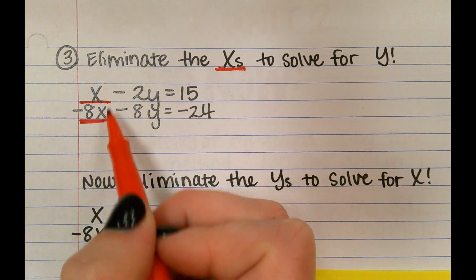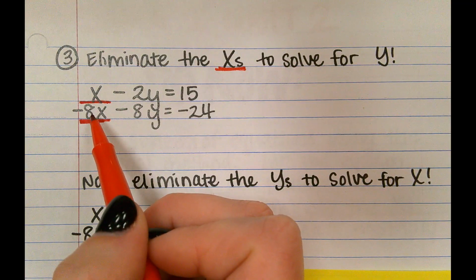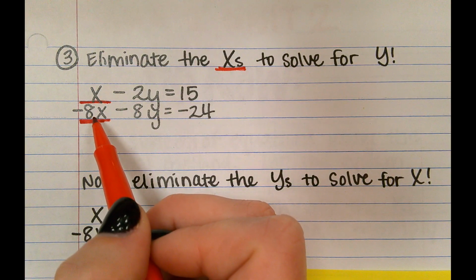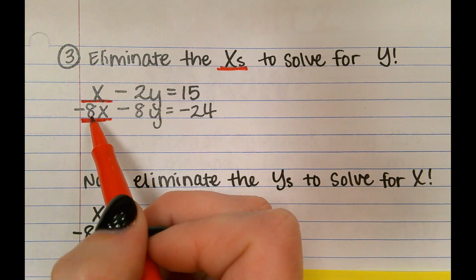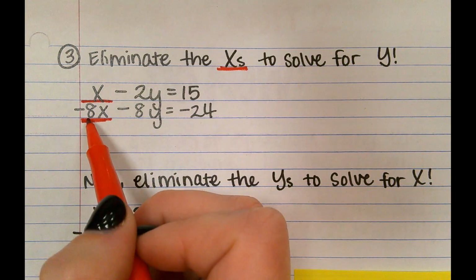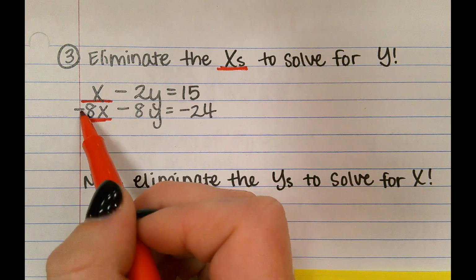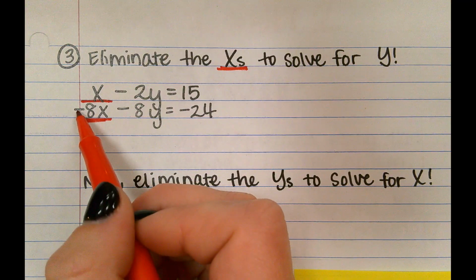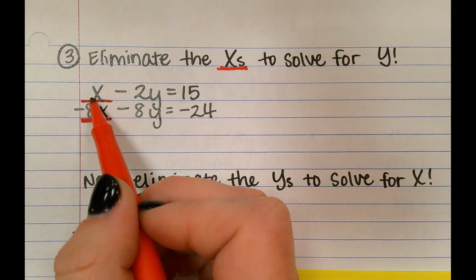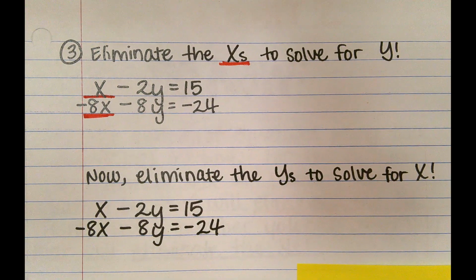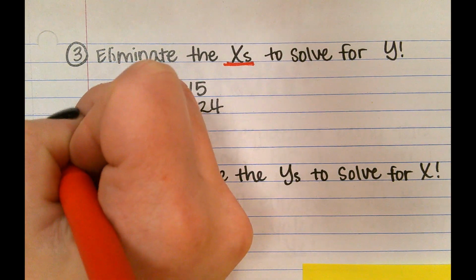Okay, so Rhonda, what do we need to get rid of negative 8? Negative 8 plus positive 8, because we want the same number but opposite sign. So if I have negative 8, the opposite is positive 8.